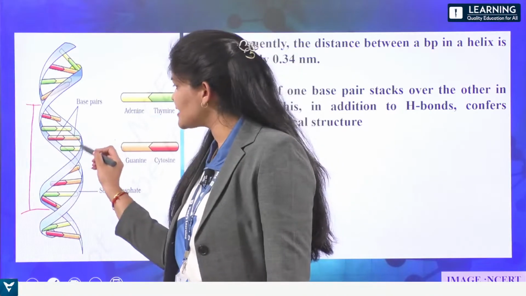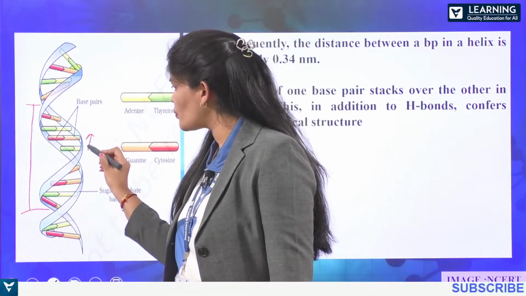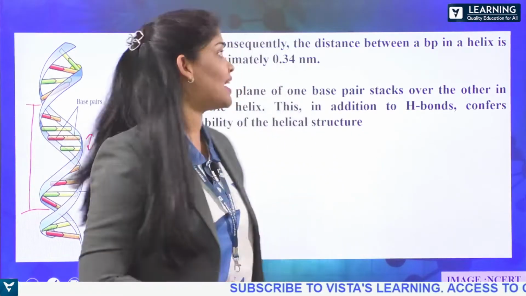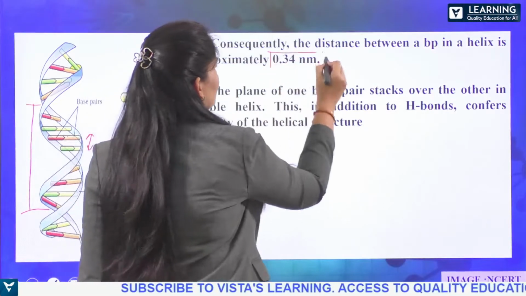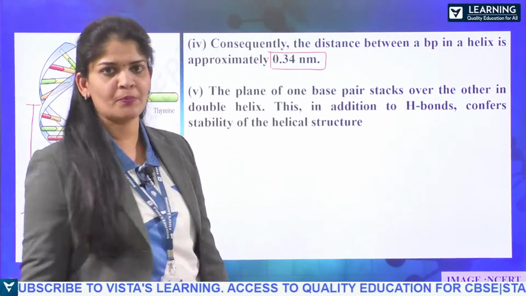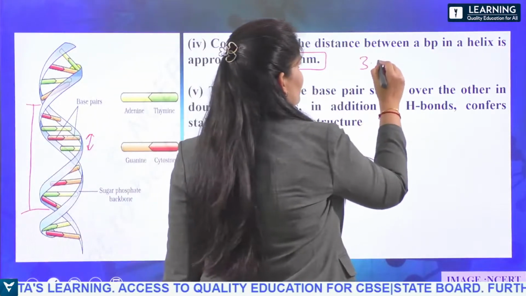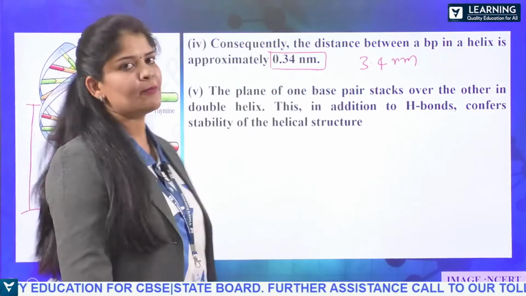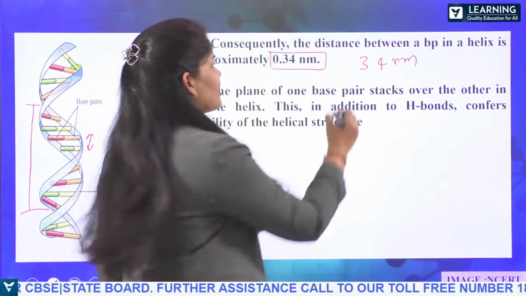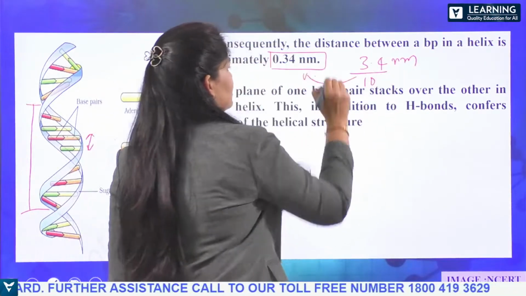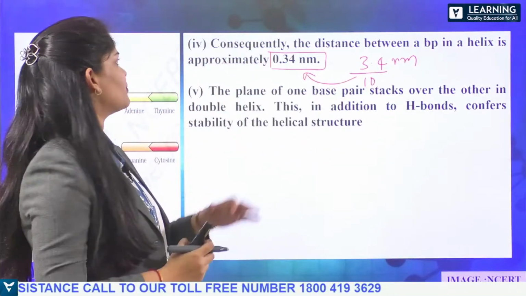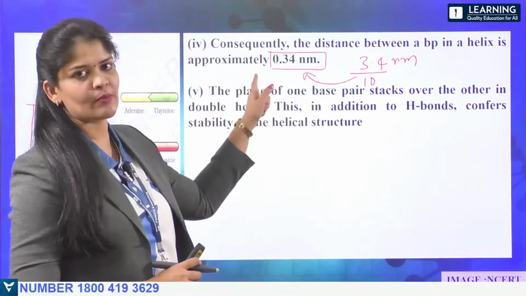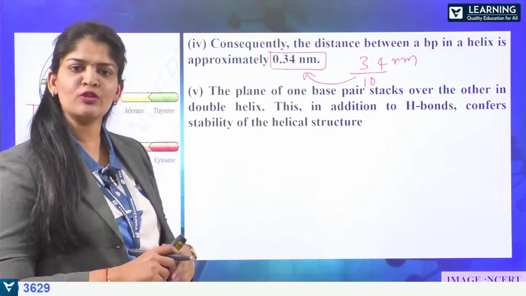The distance between one base pair and another base pair is 0.34. One turn is 3.4 nanometers, right? We know that each turn will have 10 base pairs, so divide by 10. That's it, that is the distance between one base pair and another. Subsequently, the distance between base pairs in a helix is approximately 3.4 divided by 10, that is 0.34 nanometers.